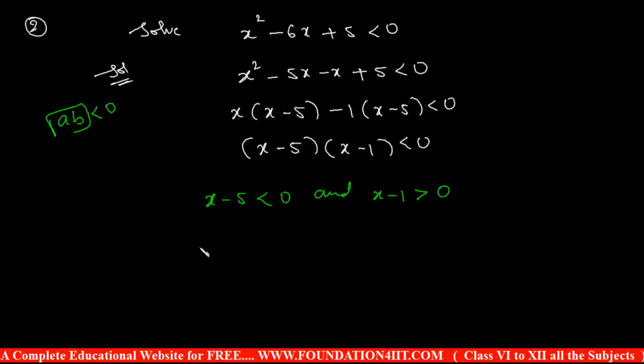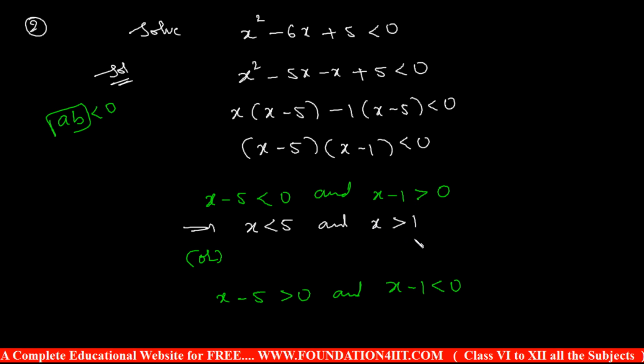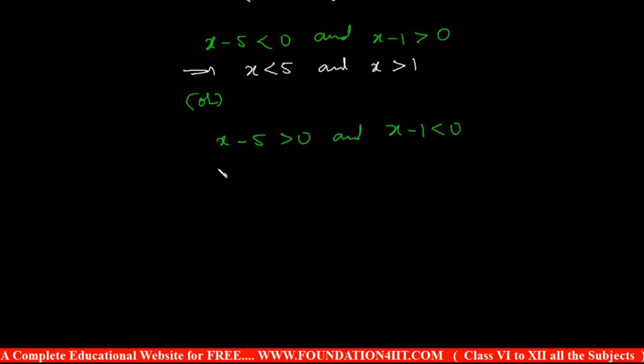Or if x minus 5 is greater than 0, then x minus 1 must be less than 0. These are the two cases. From the first, x is less than 5 and x is greater than 1. And from the second, x is greater than 5 and x is less than 1.